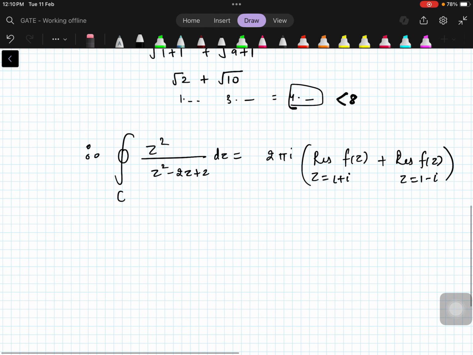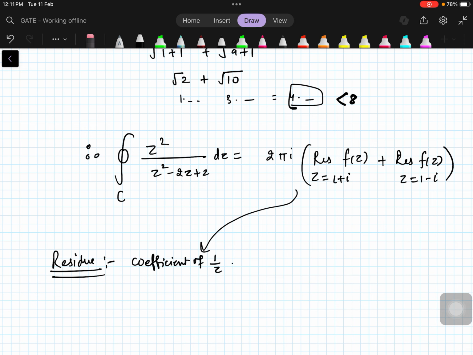Now, how do you calculate residues, right? What is residue? If you look at the definition, residue is the coefficient of 1 by z term in the Laurent series expansion of the function around the singular point, right?